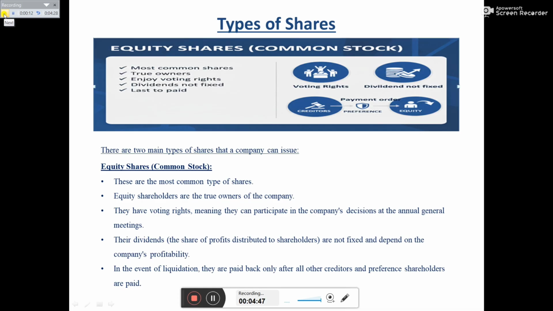So there are different varieties. Majorly we have two varieties: equity share and preference share. See here, what is this equity share? It is called common stock, the most common stock. Once you purchase this share, the person becomes a true owner of the company.